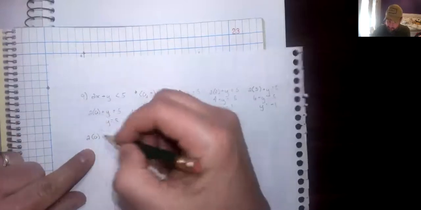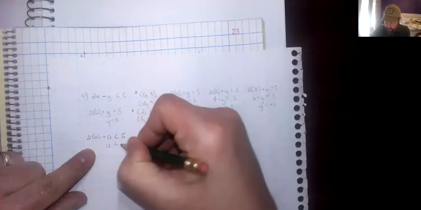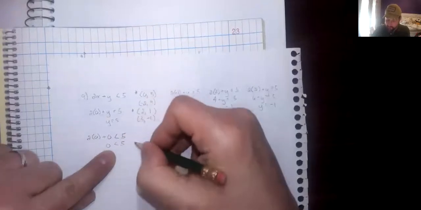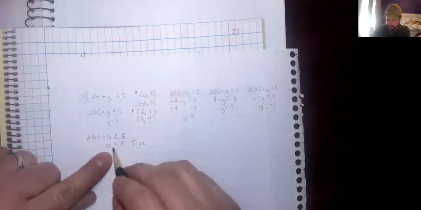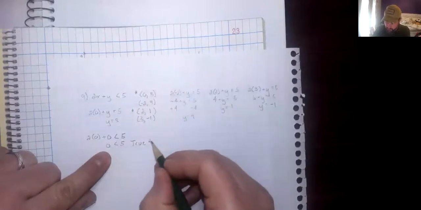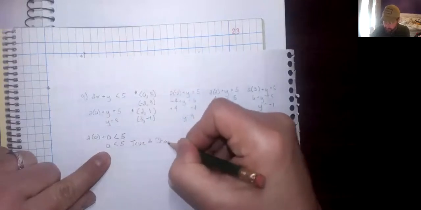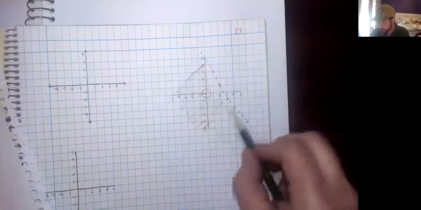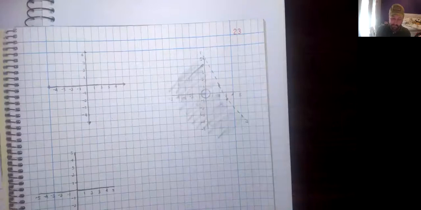If I plug that in, I have 0 plus 0 is less than 5. Now, that is a true statement. 0 is less than 5. True. If it's true, I shade that point. So that means this is the part I shade. Okay, done with number 9.